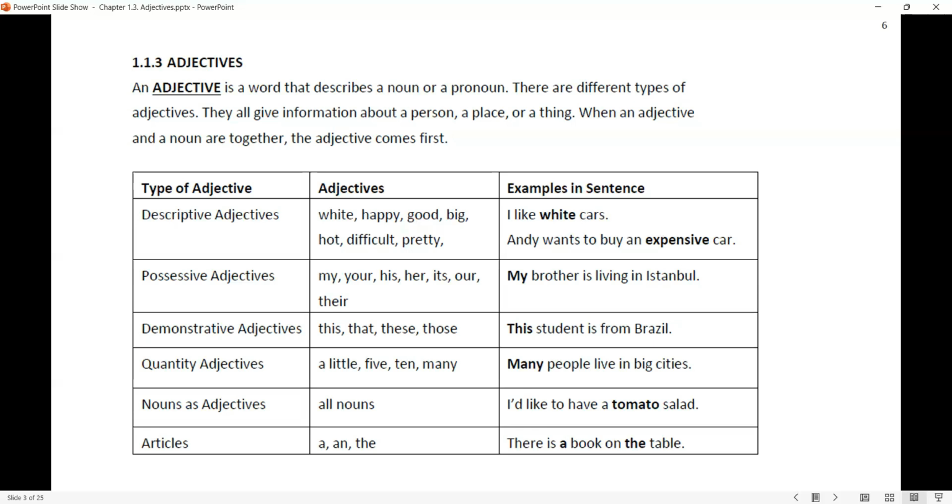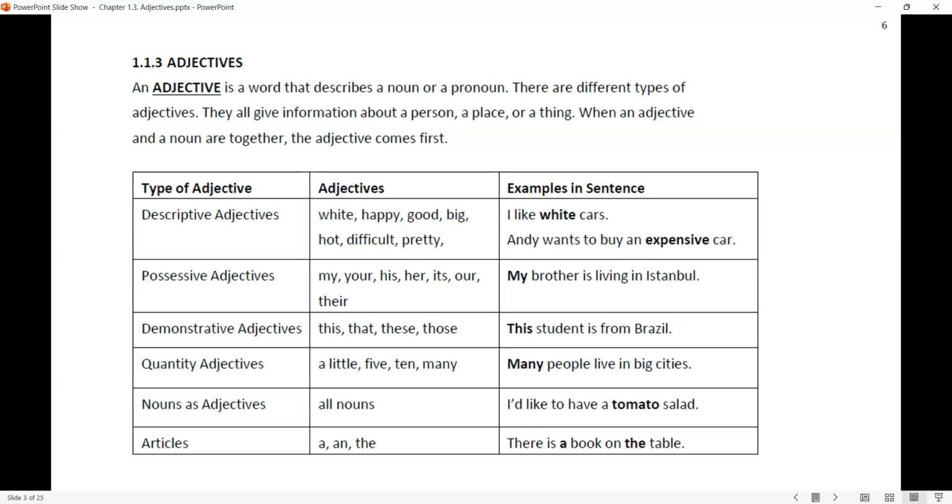So let's read the examples. What are descriptive adjectives? Descriptive adjectives talk about the nouns, like white, happy, good, big, hot, different, difficult, pretty. I like white cars, or Andy wants to buy an expensive car.